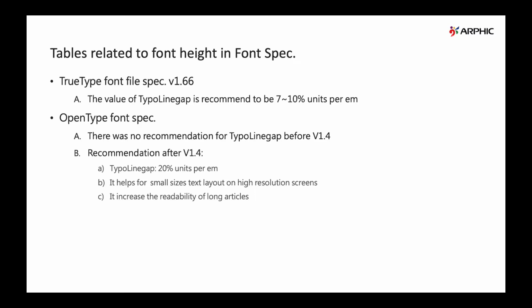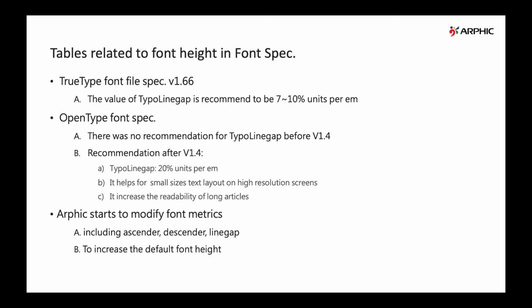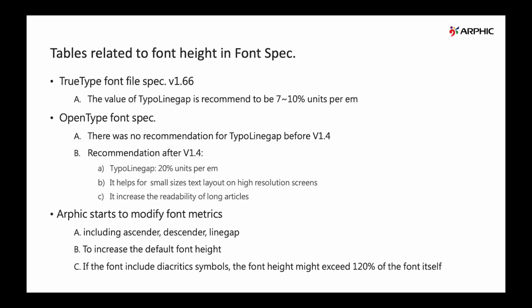After OpenType version 1.4, the recommendation for typo line gap is 20% of units per EM. RFIC started to modify our font metrics, including ascender, descender, and line gap, in order to increase the default font height. And if the font includes diacritic symbols, the font height might exceed 120% of the font itself.